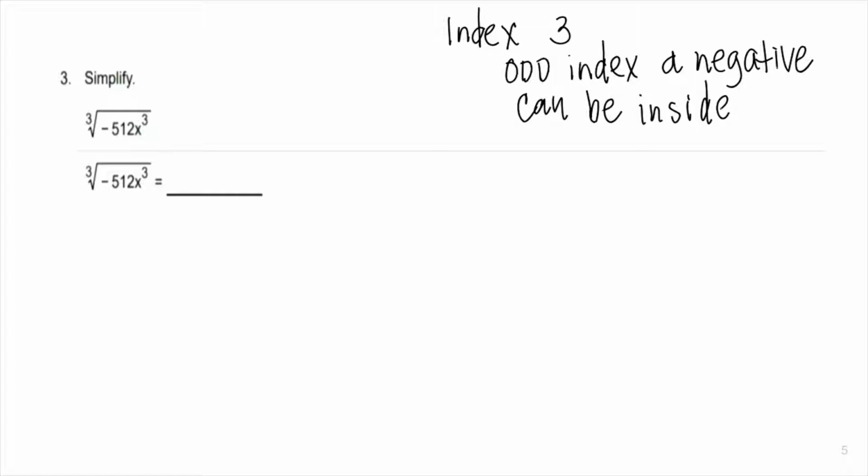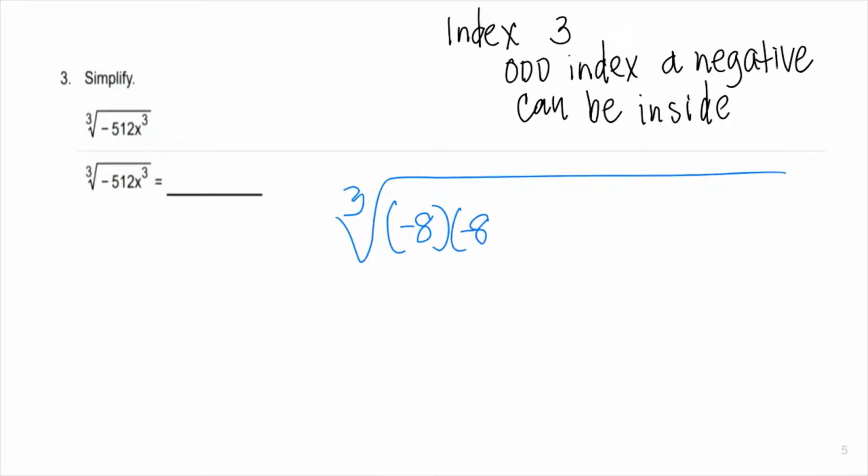The first thing I need to do is break down negative 512. So you pull out your good old calculator. And I think that is negative 8 times negative 8 times negative 8.